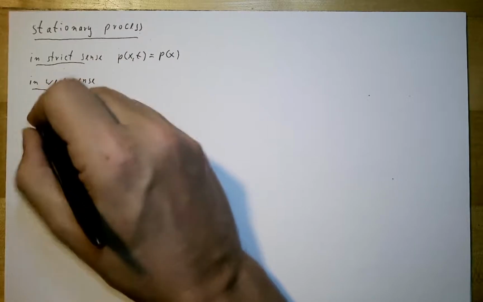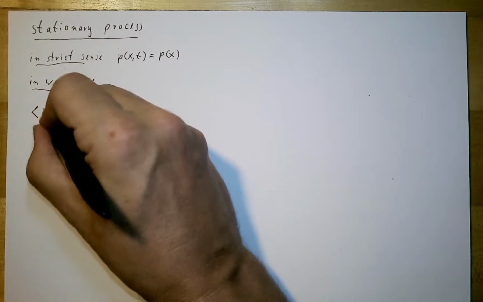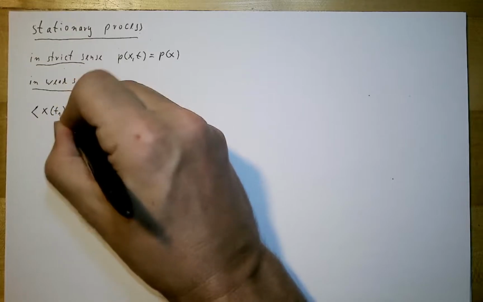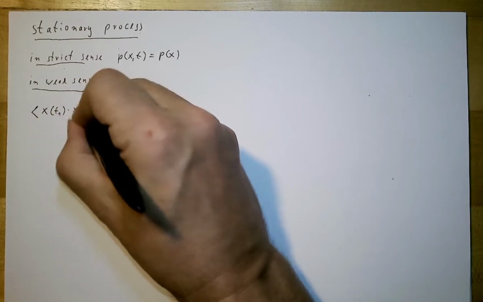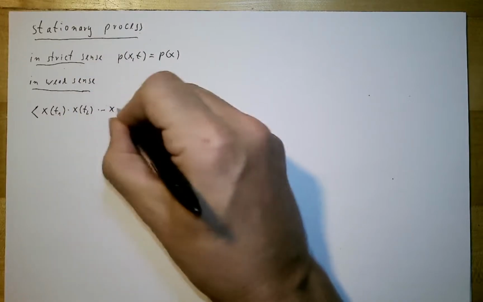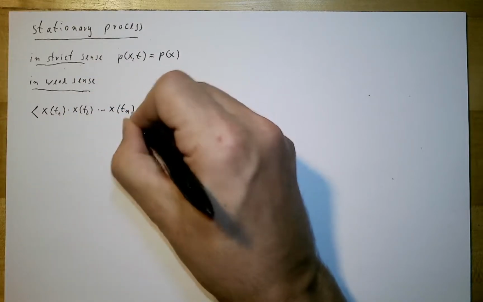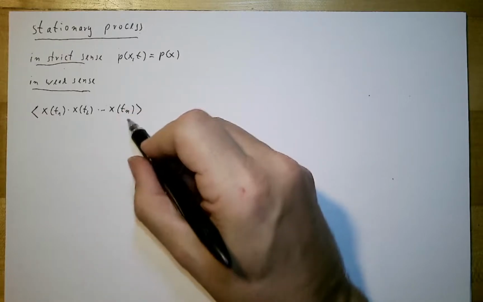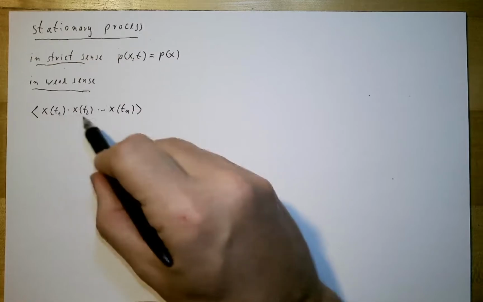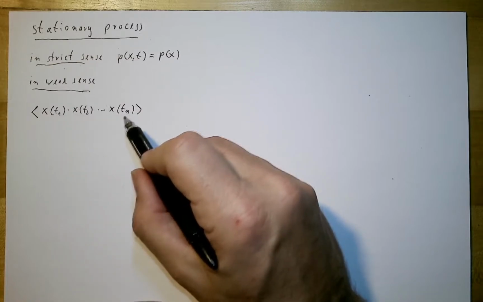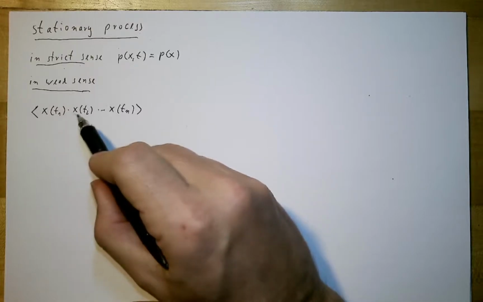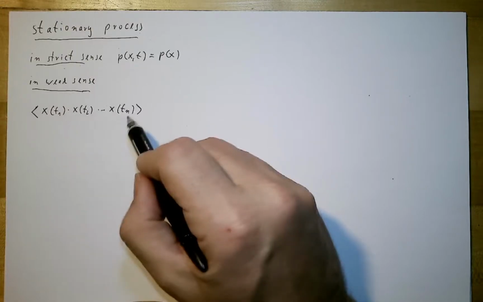Let's say we have a moment of variable x at time point t1 times x at time point t2, and then maybe x at time point tn. Yeah, and then we say this moment of x at different time points doesn't depend on the absolute time. Yeah, it just depends on the time difference between the selected time points.